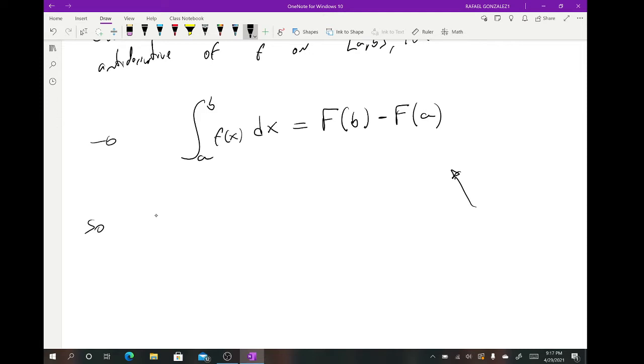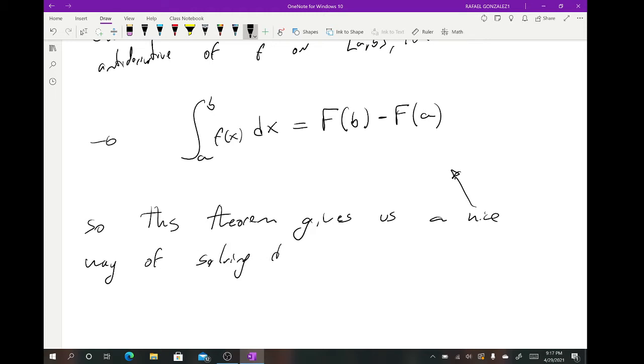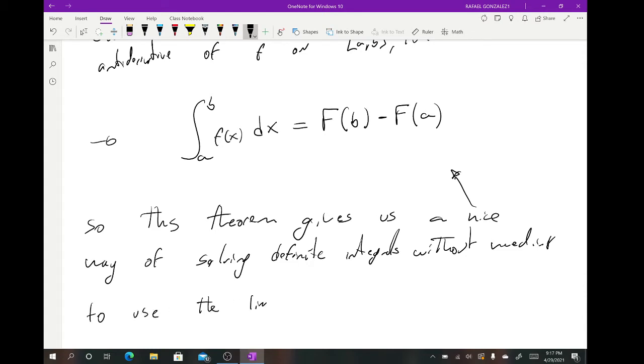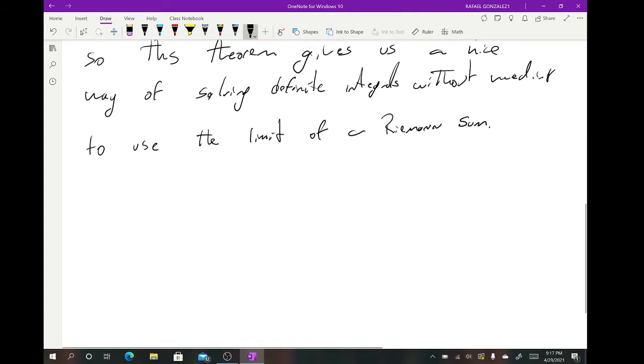This theorem gives us a nice way of solving definite integrals without needing to use the limit of a Riemann sum, which is what we did in the last section.